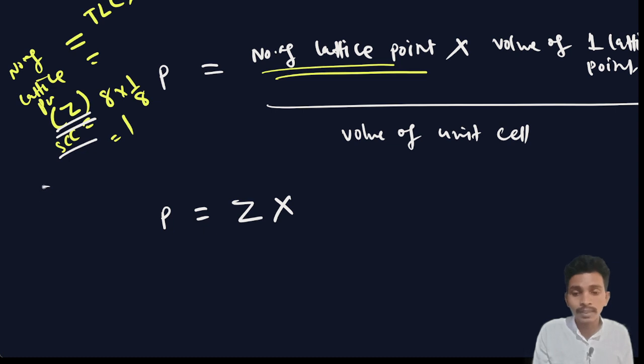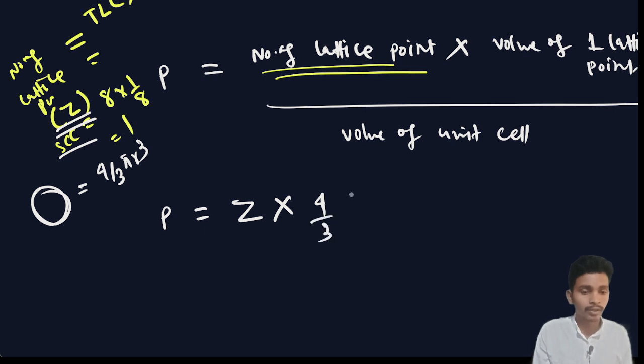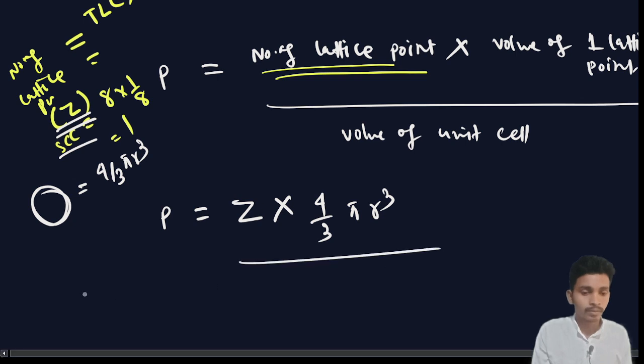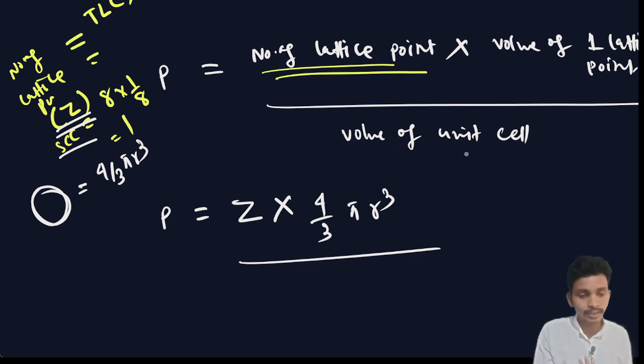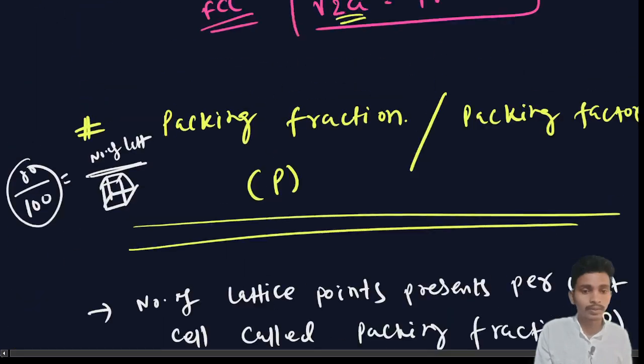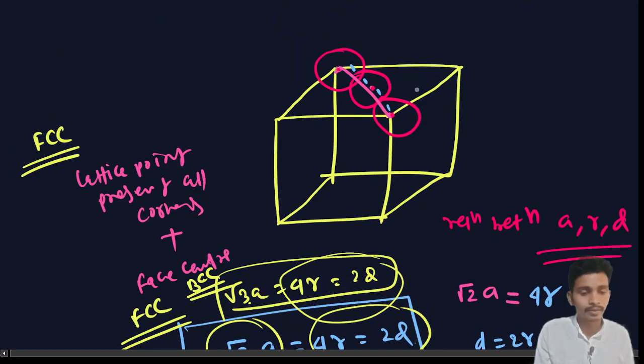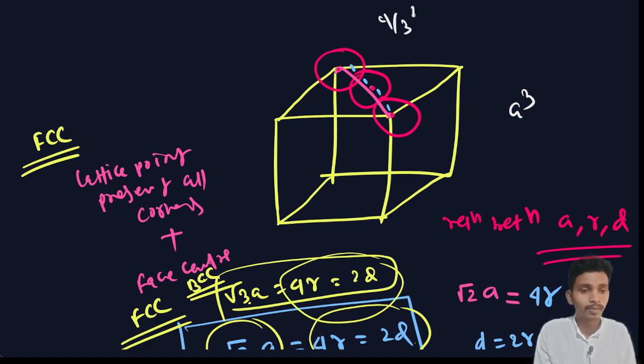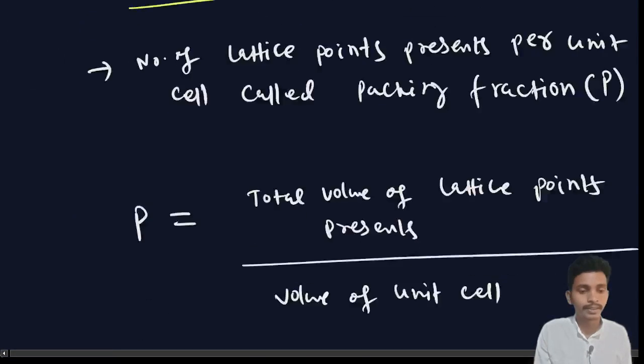The lattice point is spherical, so its volume is 4 upon 3 pi r cube. The unit cell is a cube, so its volume will be a cube.